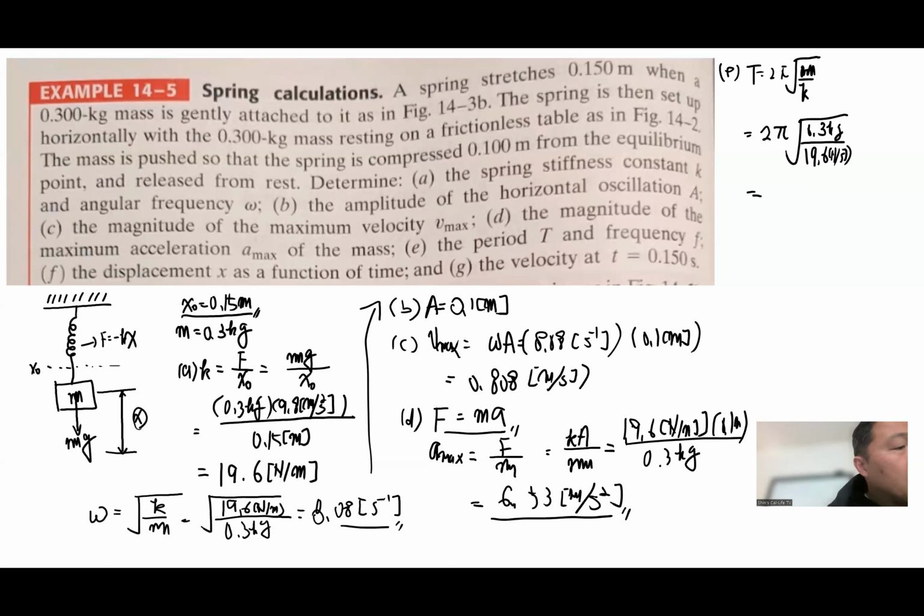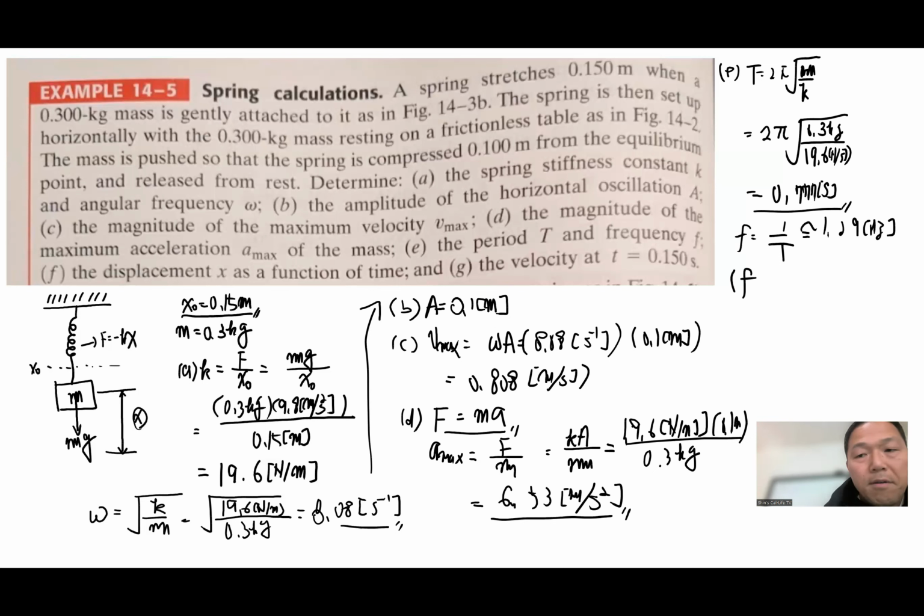So that should be 0.777 second for that period, and the frequency is, as you know, 1 over T. So that frequency is 1.29 hertz.